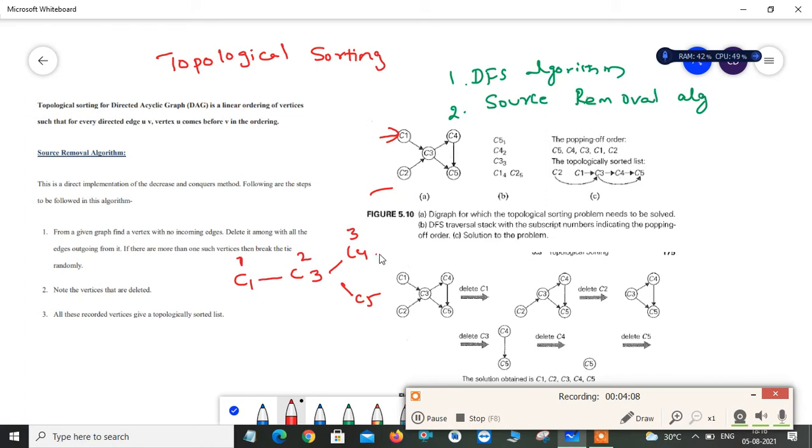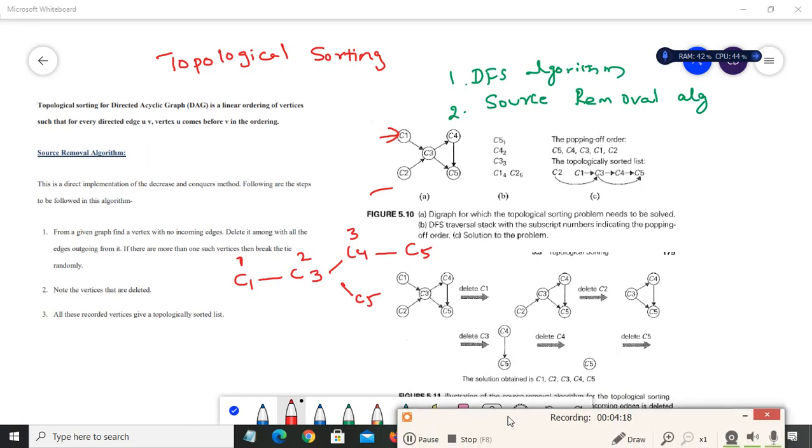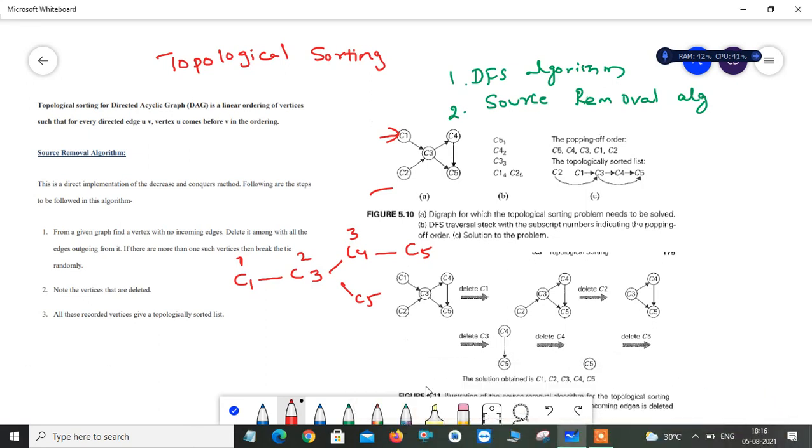Then from C4 I can reach C5. I can take C5 from C4 and give the count as 4 here. From C5 there are no adjacent vertices, so this is a dead end.